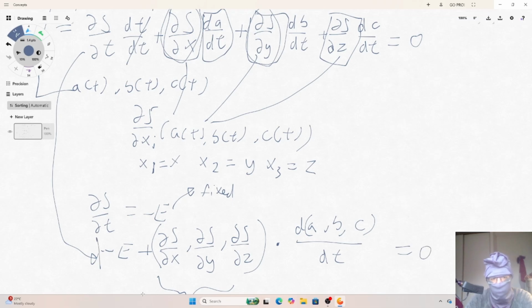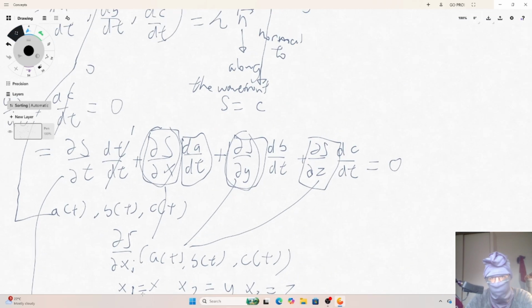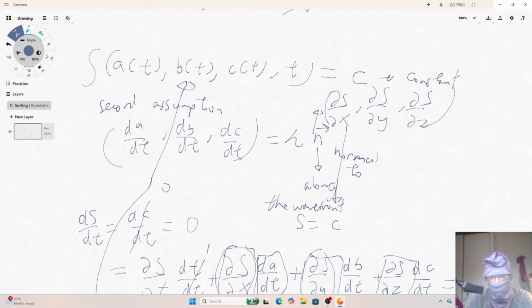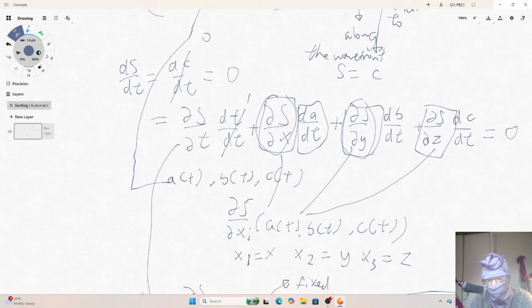This is the equation from which we're going to extract the speed of propagation along the normals. So we already assumed that the evolution of that point will always be proportional to the normal of the wavefronts as the wavefront evolves. So as the wavefront evolves, the point on it will move along the normals.